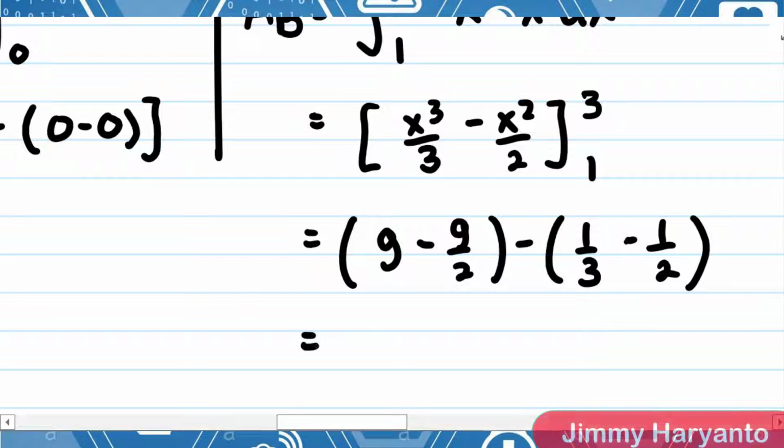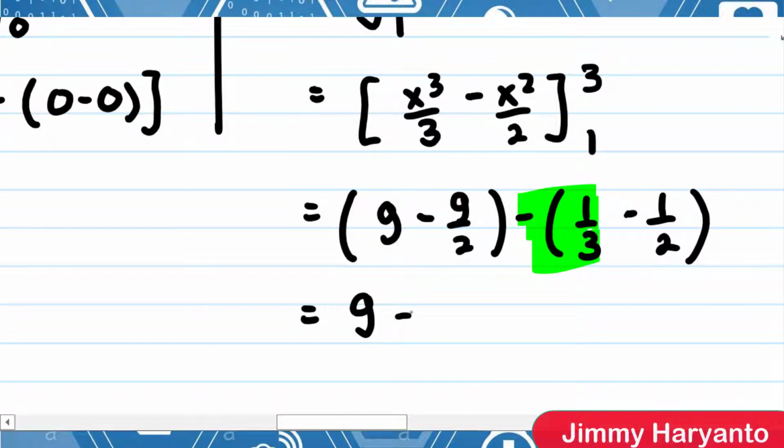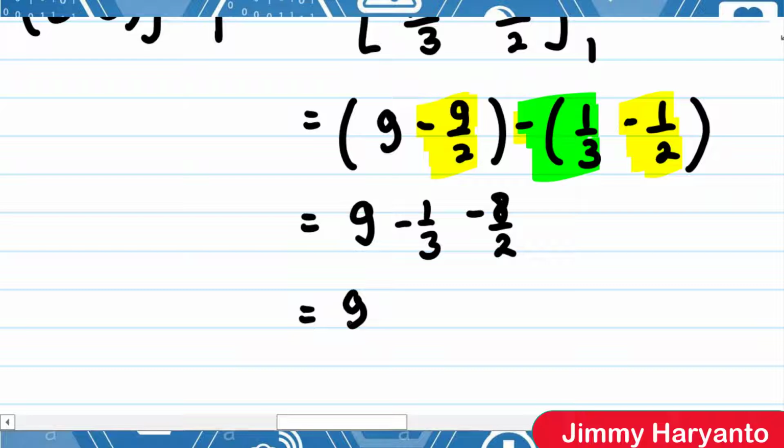For this one I will calculate it like this. I will leave the 9 and then the negative 1 over 3 like that. The one that I want to calculate is negative 9 over 2 minus 1 over 2. Minus minus becomes plus, negative 8 over 2. So you'll have 9 minus 1 over 3 minus 4.